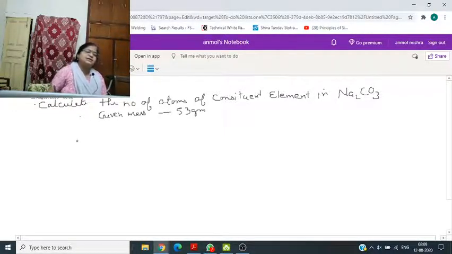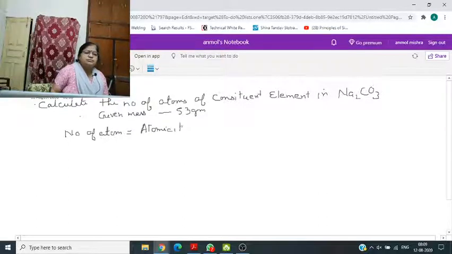So the formula is the same, that is number of atoms is equal to atomicity into mole into Avogadro's number. Now, first we will calculate for sodium. Number of atoms first for sodium.